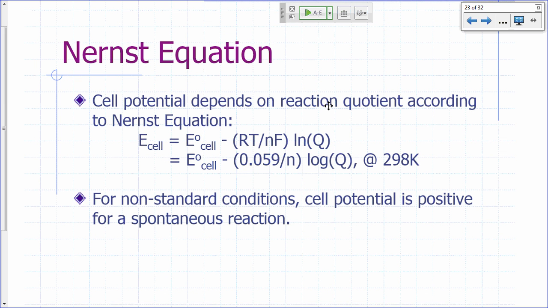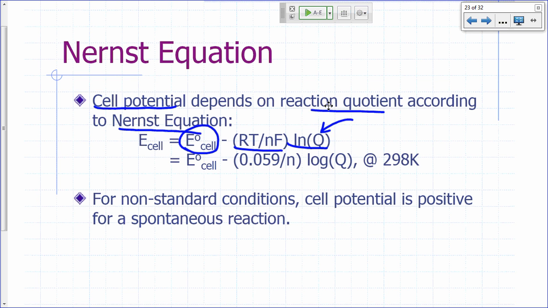Now, one thing you have to realize is that cell potentials do depend on the reaction quotient. That's why I kept emphasizing standard conditions in the previous slides. The way they depend on it is given by the Nernst equation. Cell potential is equal to the standard cell potential minus RT over nF times the natural log of the reaction quotient. This is the same reaction quotient we talked about when we talked about equilibrium.